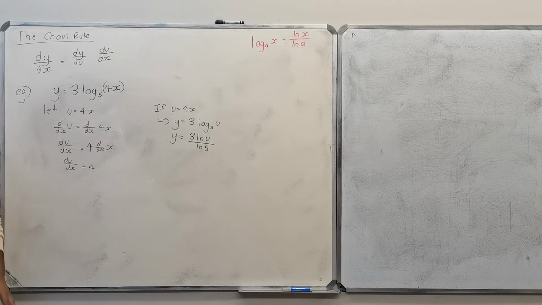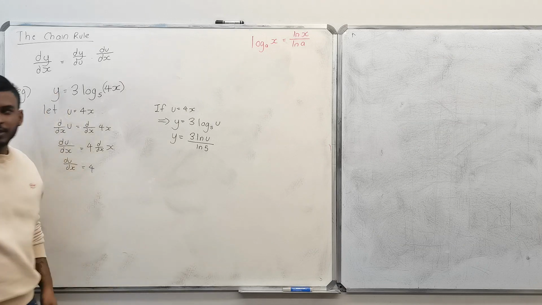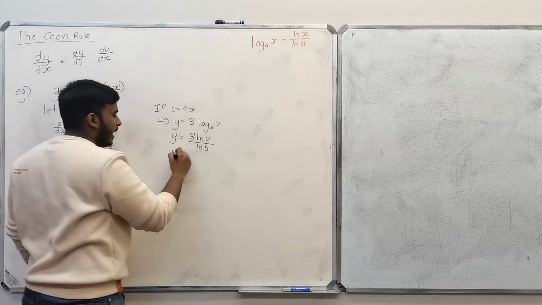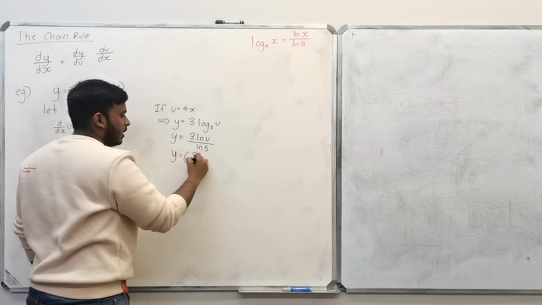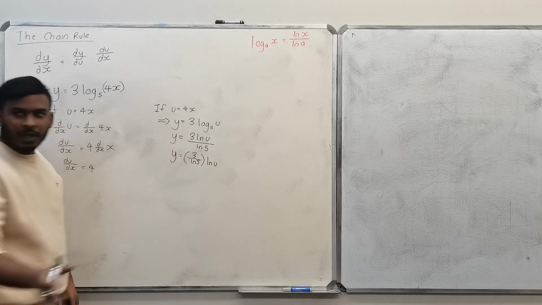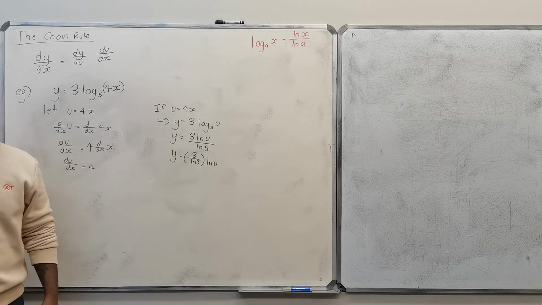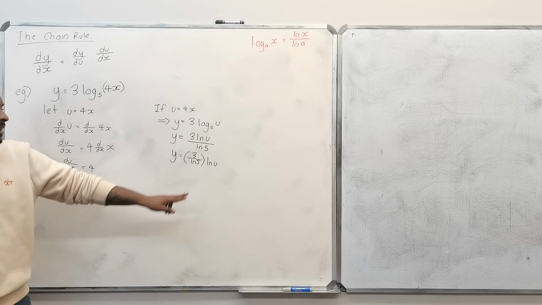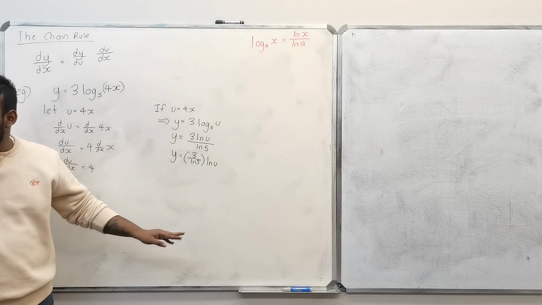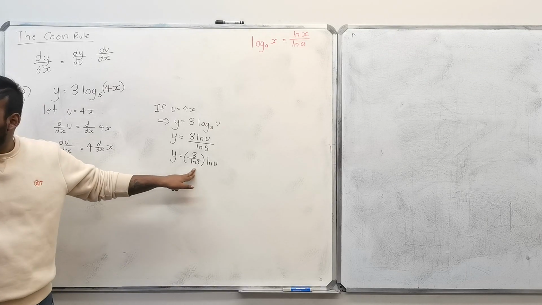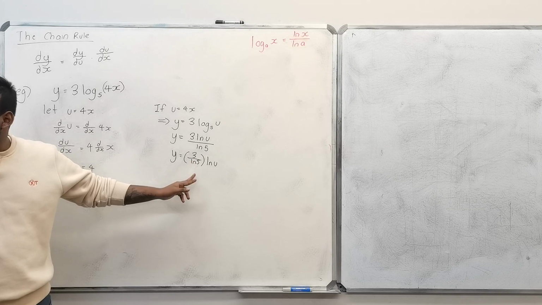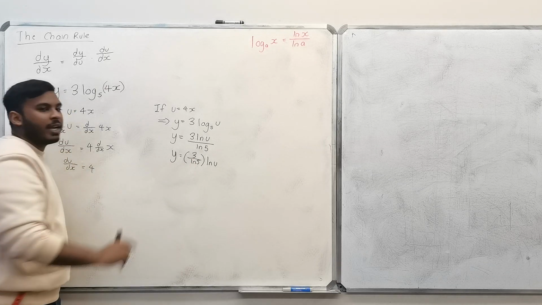Right? Now we need to derive this. Before I write it further, here, y is equal to 3 over ln of 5 times ln of u. Can we agree on that? Because if I multiply the ln u into this, it's going to become 3 ln of u over ln of 5. This whole thing here is a value, it's a number. You put it in your calculator, you will get a number, which makes it a constant. Okay? Cool. Now I need to derive this.